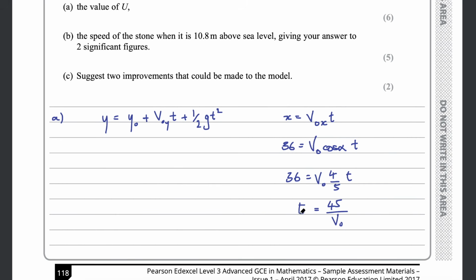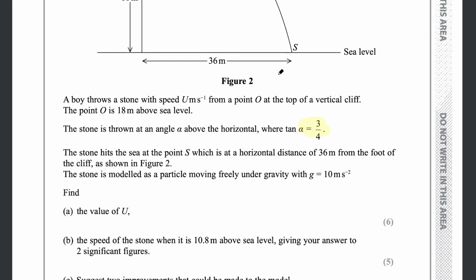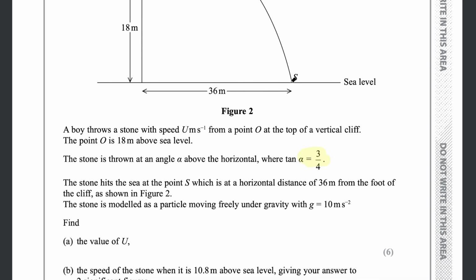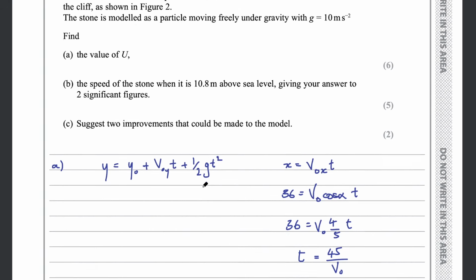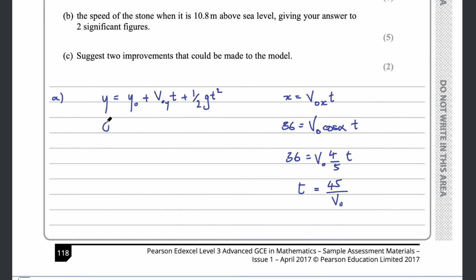Okay, so now we're going to have to start with the y position equation and see what we can do with this. So at the final position, this y here, the height is 0 above sea level. So here y equals 0. So that's the first thing I'm going to substitute, y equal to 0. And then y, the initial height was 18.